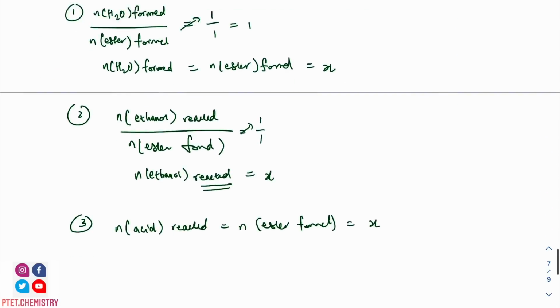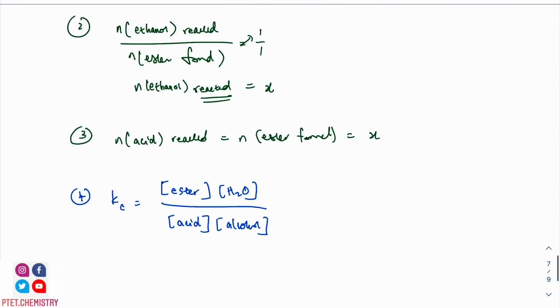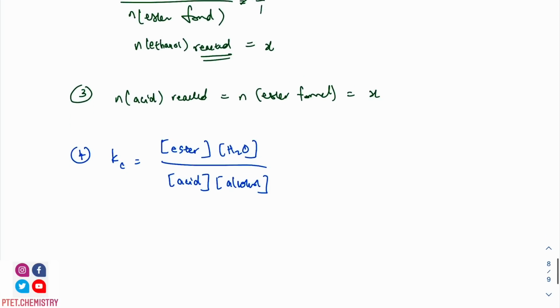But they will cancel out nicely, simply because Kc is going to be the concentration of the ester, the concentration of the water, over the concentration of the acid, the carboxylic acid, and the concentration of the alcohol. So this is esterification, which you will have done in O-level, and you will revisit this in your A-level organic chemistry. So that is equal to 4.00.